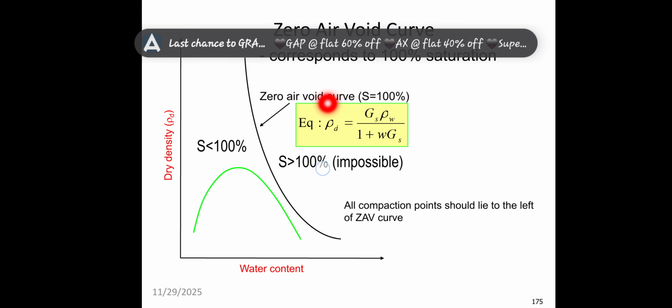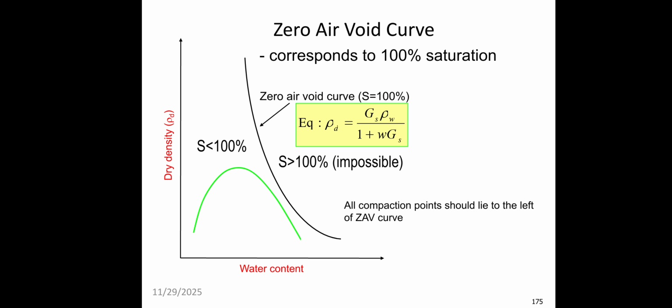Another thing we can witness here is the zero air void line, or zero air void curve. After plotting the curve, this is not at 100% saturation. So if the soil is 100% saturated, what will the density be? It will look like this. If you touch here, this is the first point, the highest theoretical dry density value.